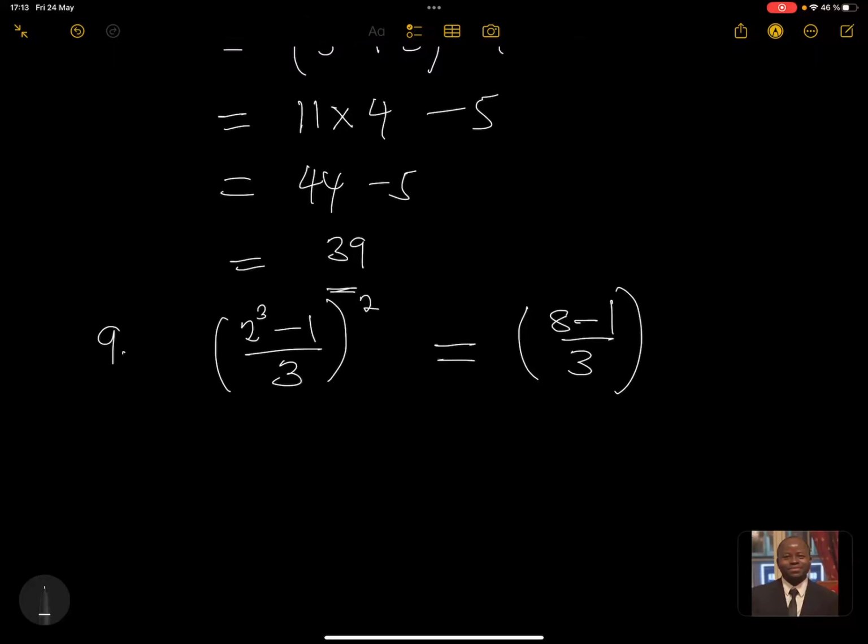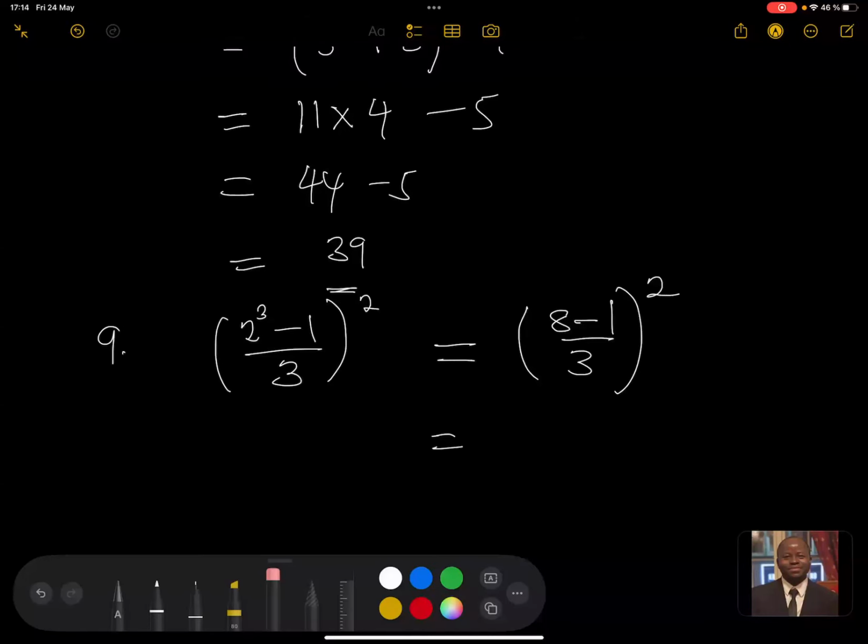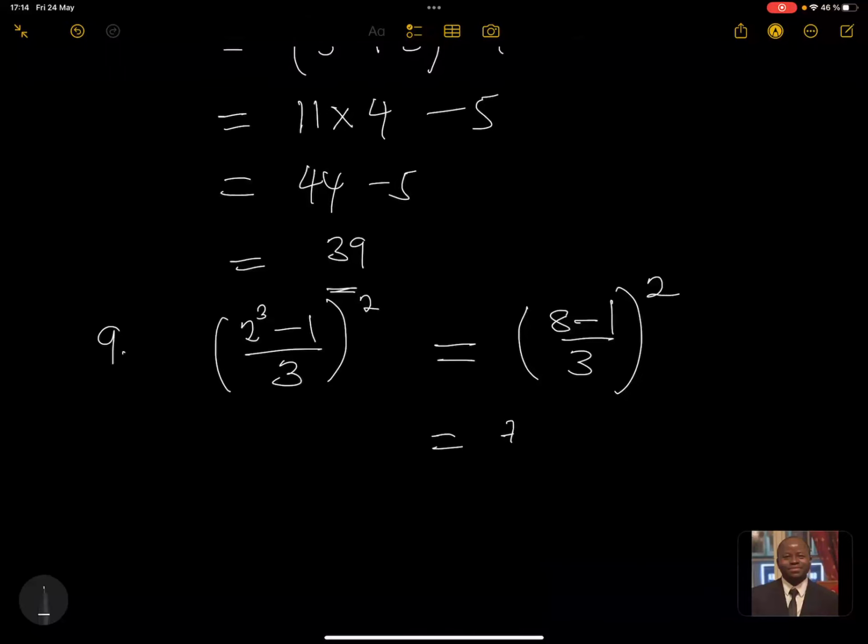We say that 8 minus 3, that gives 5, right? 8 minus 3 is what? It is 5, all over 3. Is this okay? And then you deal with exponents now.